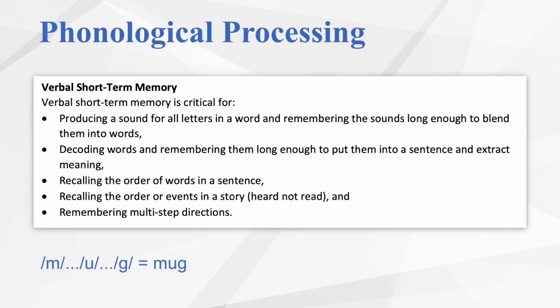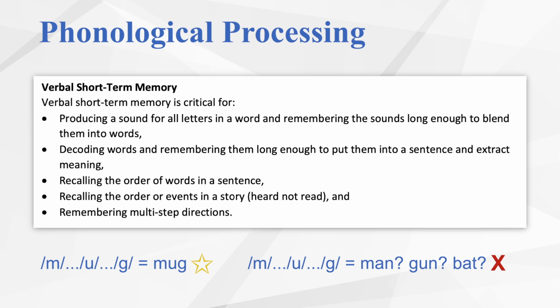For example, in text, a student may encounter m, a, g. If verbal short-term memory skills are strong, the student may not have any difficulty identifying the word mug. Whereas a student that does have verbal short-term memory difficulty may instead say m, a, g, and then go back and pronounce a word that does not seem in any way related, such as man, or gun, or bat.